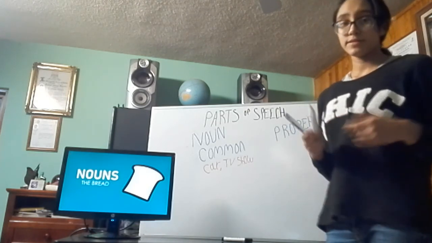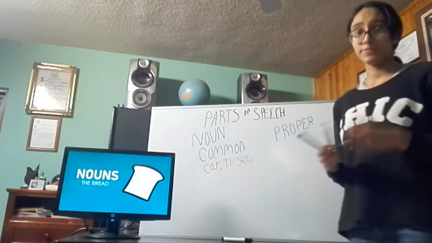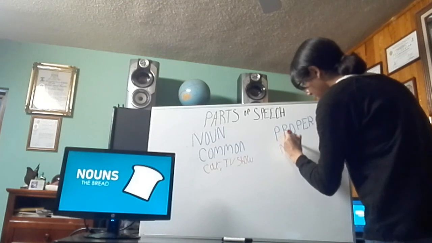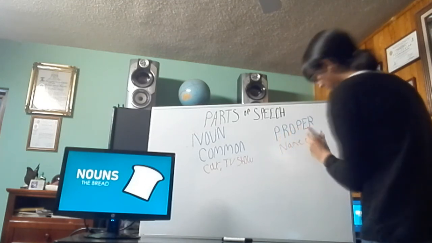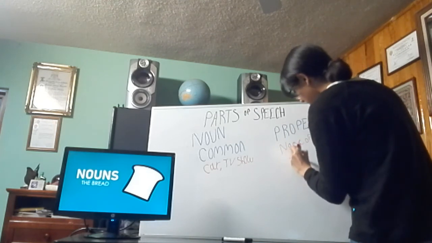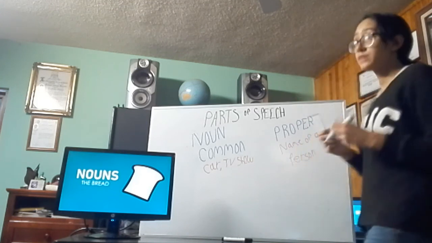These are the ones that usually use official names. It can be the name of a person, maybe the name of a TV show, the name of a place, maybe even just the way you refer to someone.